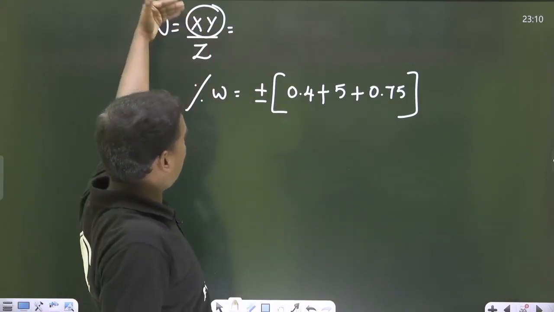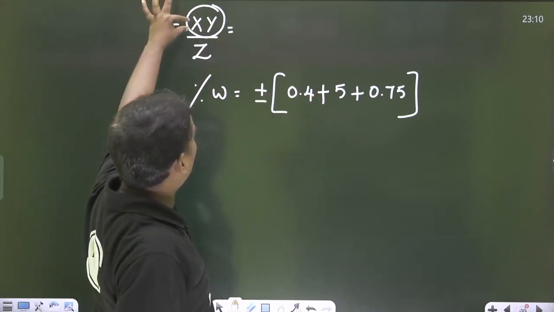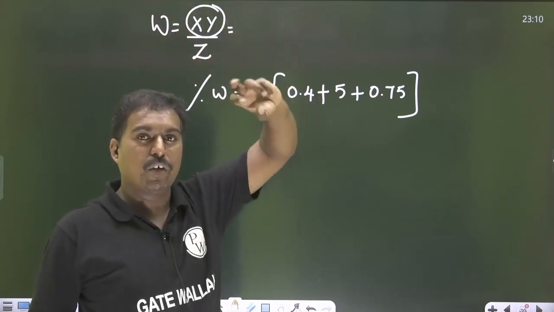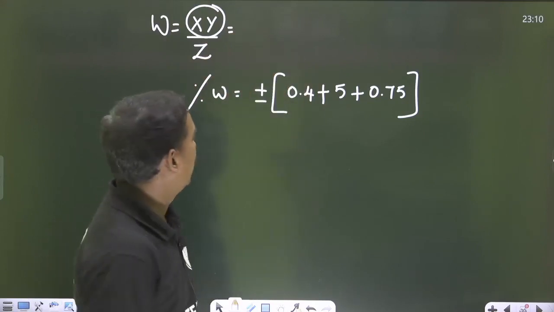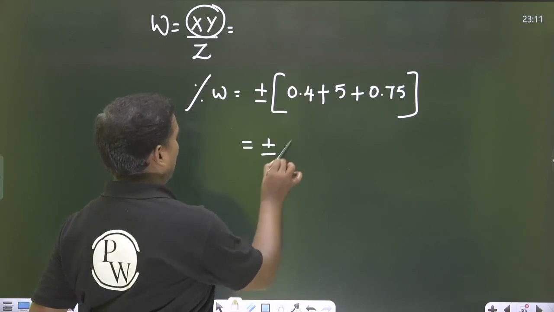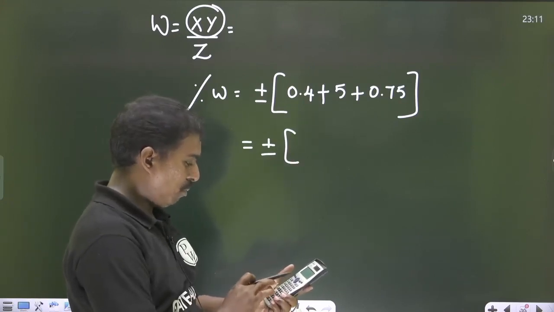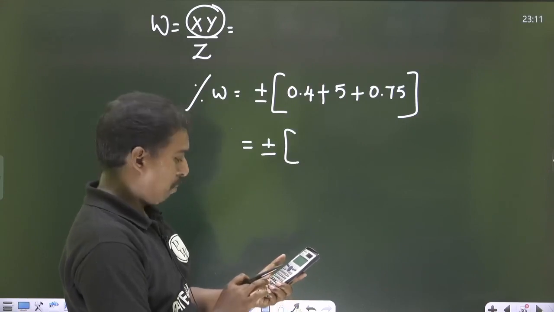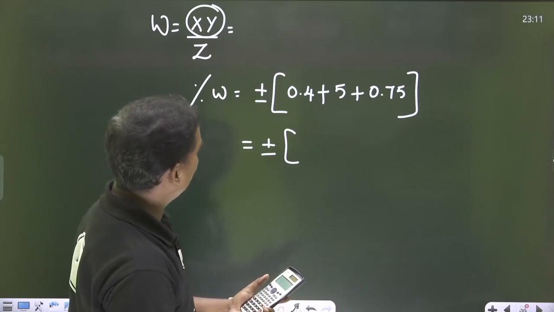So how much are you going to get? 0.4 plus 5 plus 0.75. We are going to get around 6.1.